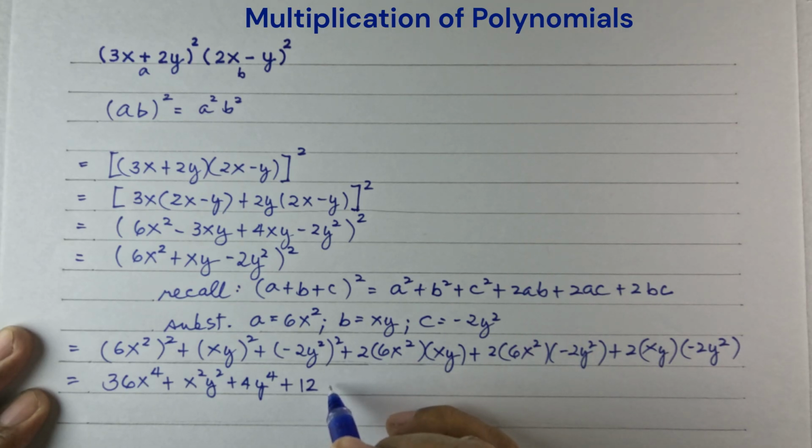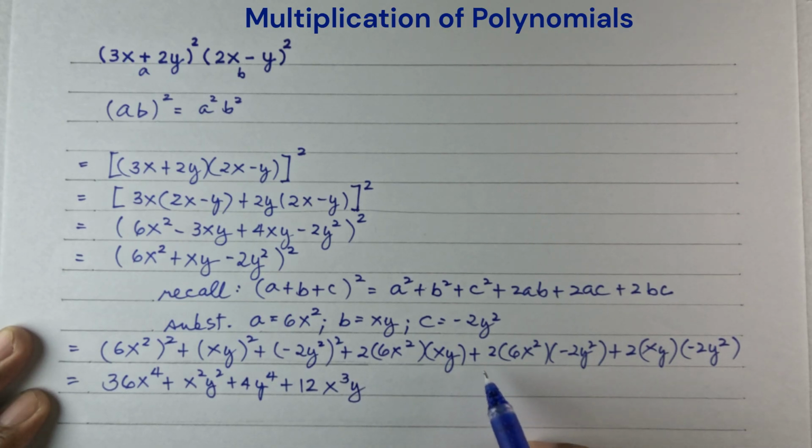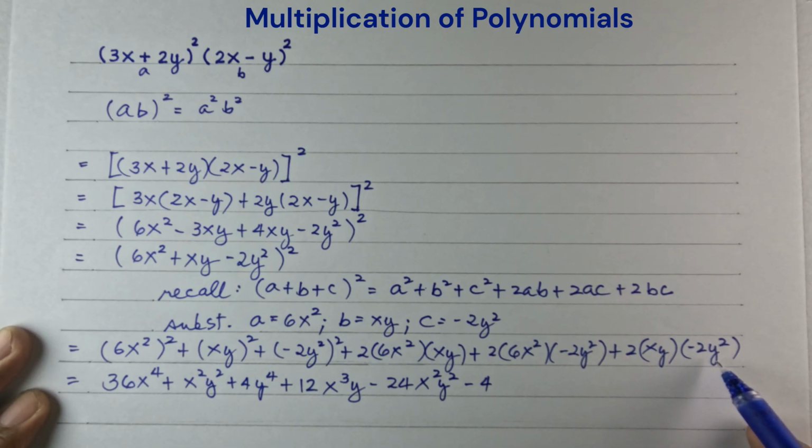So that's plus 12x cubed y. 2 times 6 is 12 times minus 2 is minus 24x squared y squared. 2 times minus 2 is minus 4. xy times y squared is xy cubed. So that's minus 4xy cubed.